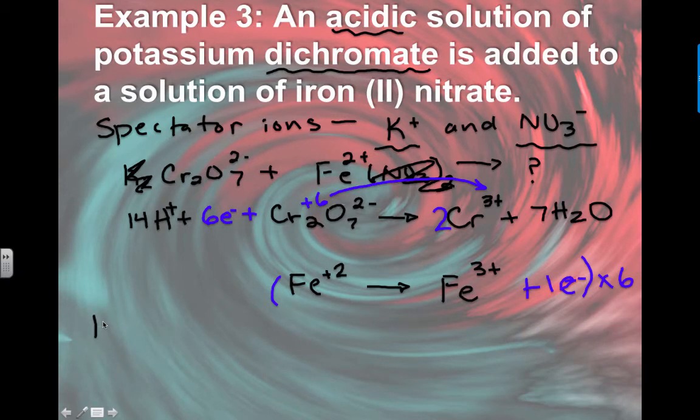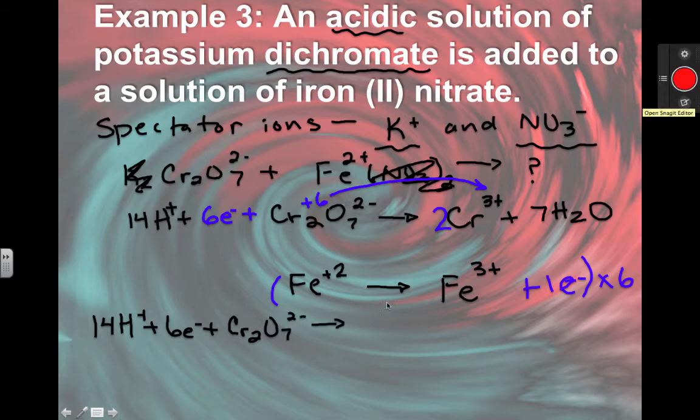So 14 hydrogen ions plus 6 electrons plus dichromate, Cr2O7 with a 2- charge. And, oops, before I draw the arrow, I better get my iron half in there. Remember, we multiplied that by 6, so I have 6 ferrous ions, the 2+ form of the iron.